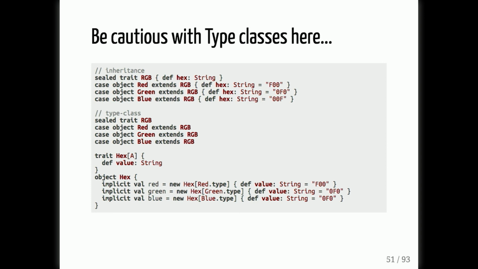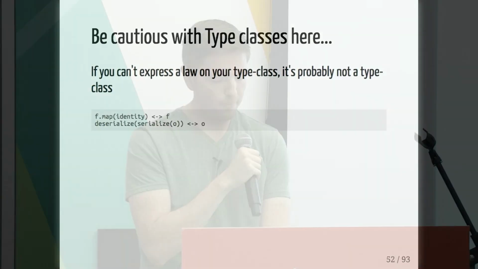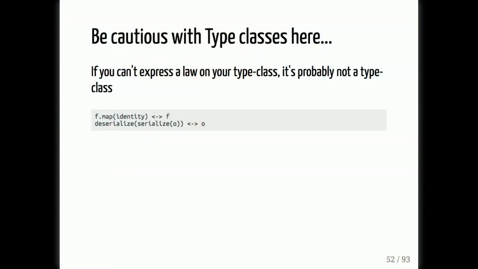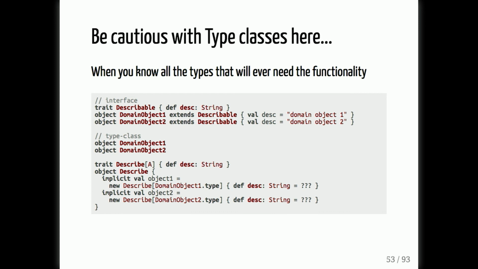You should just use regular inheritance. If you can't express a law in your type class, it's probably not a type class. Again, this is just another example where, if you had an interface, it makes a lot more sense, because you only have your domain objects.